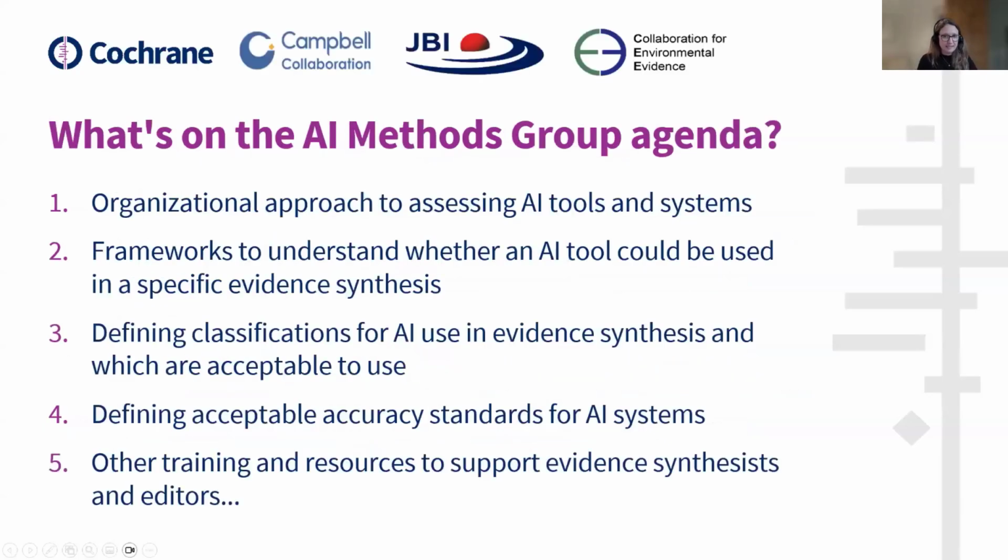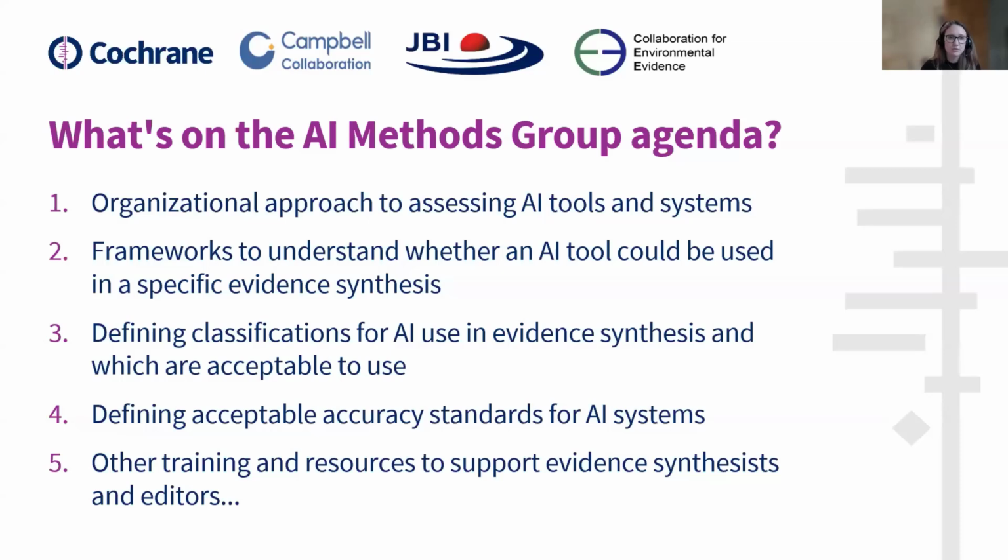And we're only a few months in as a methods group, and we're very much listening to community needs. What are the areas that we should be prioritizing so that we can better mainstream AI through the 4 organizations? So some of the things on our agenda include organizational approaches to assessing AI tools and systems. Frameworks to understand whether an AI tool can be used in a specific evidence synthesis.